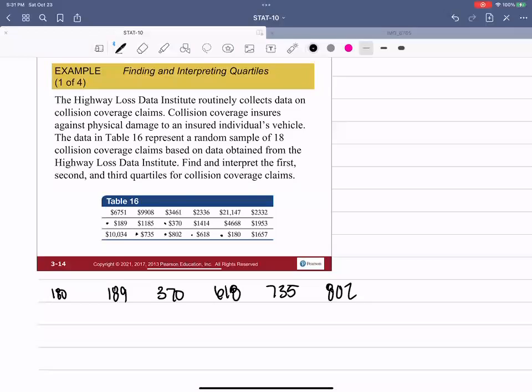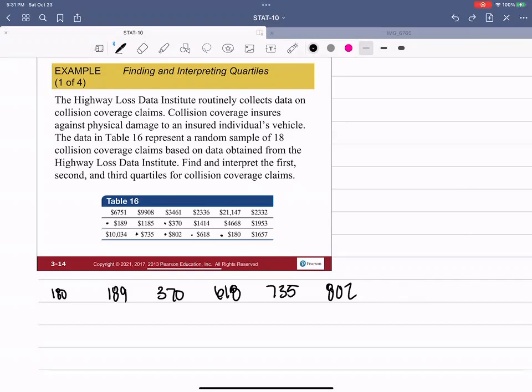Now let's look at 10,000s. No, I'm sorry, thousands.